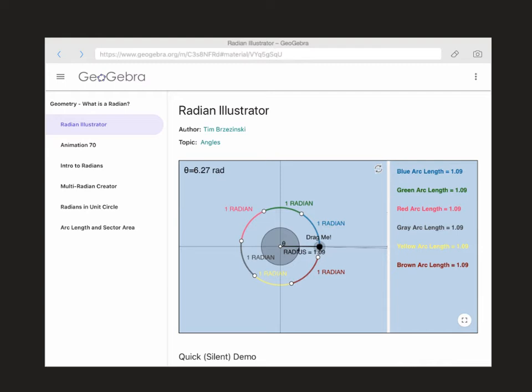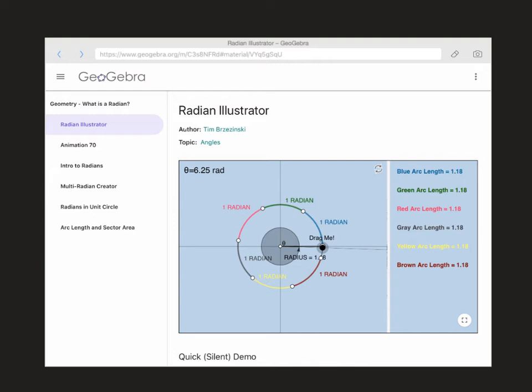And if our circumference is 2 pi, that is 2 times 3.14 approximately. So I've rounded that off. And 2 times 3.14 is 6.28. Our circumference is 6.28, and there are 6.28 radians in a circle.